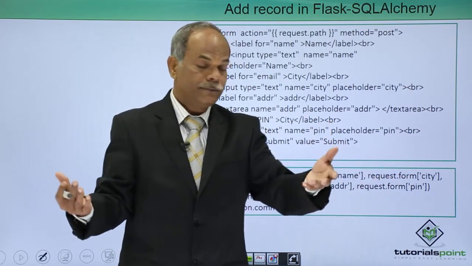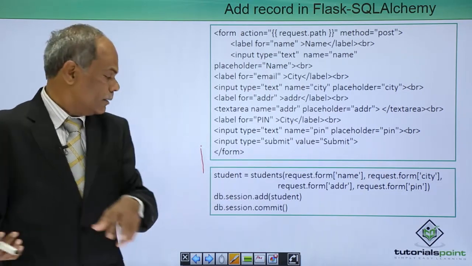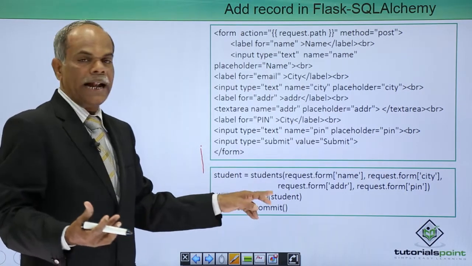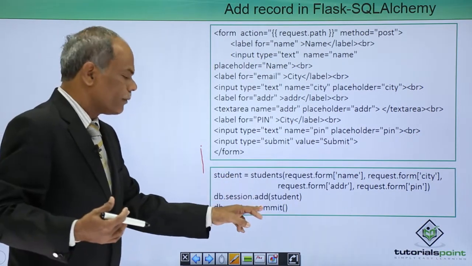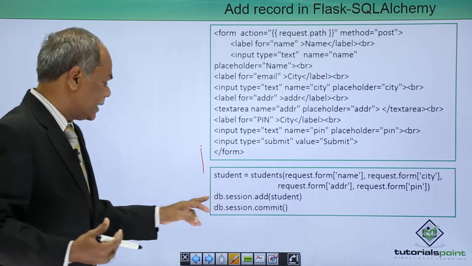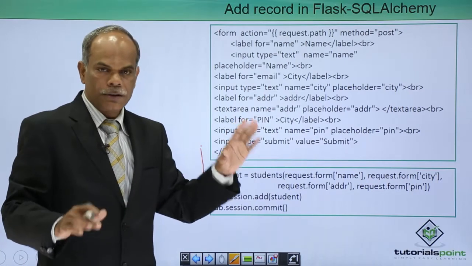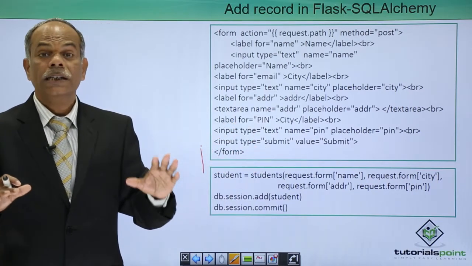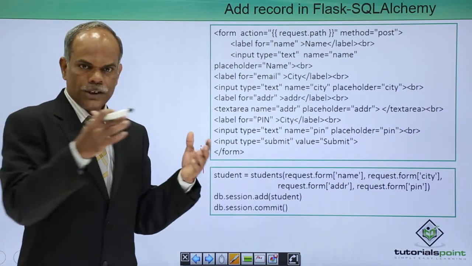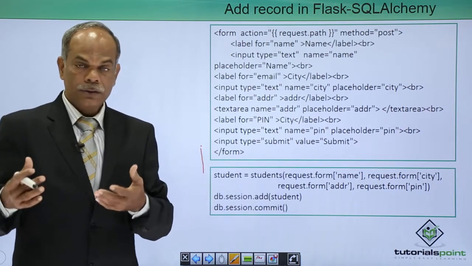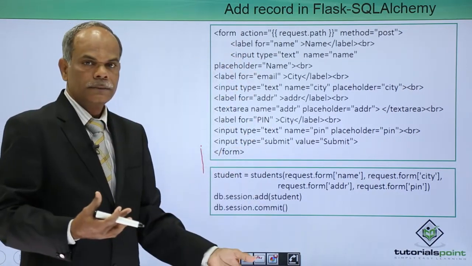The object will be created. Use that object to add the record into the underlying table, so you say db.session.add(student). The data will be added, and then finalize or commit the transaction by calling db.session.commit. So this is all the activity required to perform the equivalent of the insert operation. SQL has an insert query, so the corresponding operation in an ORM mapper is like this.